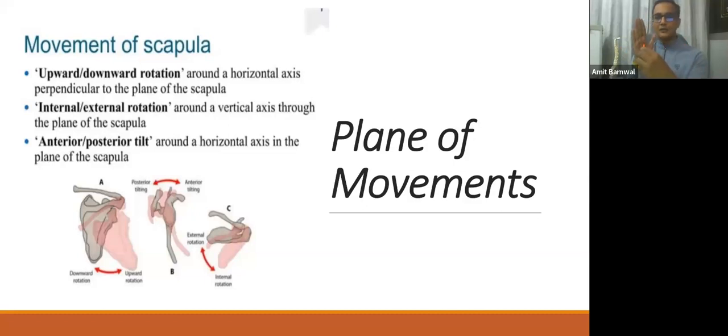This is internal rotation, and this is external rotation. And there is a transverse axis for the anterior and posterior tilt. This is anterior tilting, and this is posterior tilting.